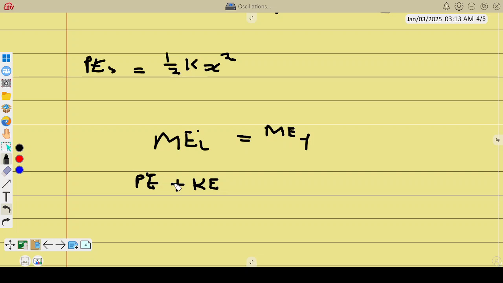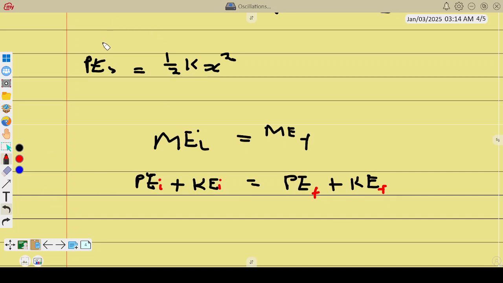Their initials are equal to their finals. So mechanical energy is equal to potential plus kinetic. This is initial, and here is our final.